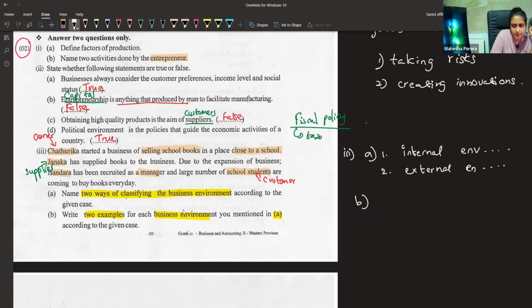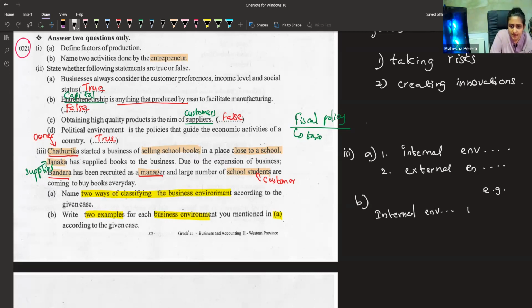Again you should write internal environment. Write the full word. And what are the examples? We have the owner. And usually we have 3: owners, managers, employees. We have owners here. We don't have employees, but we have Bandara, who is the manager. They asked, write 2 examples for each environment.